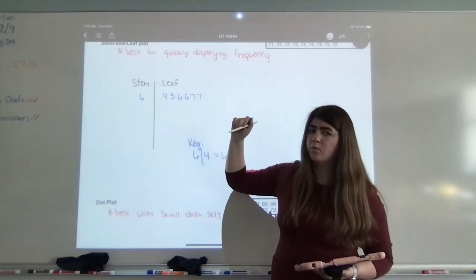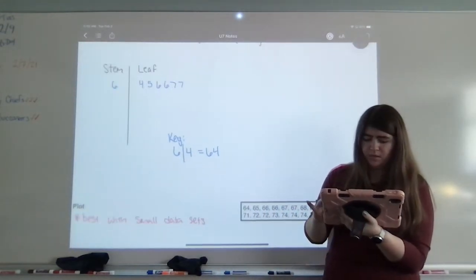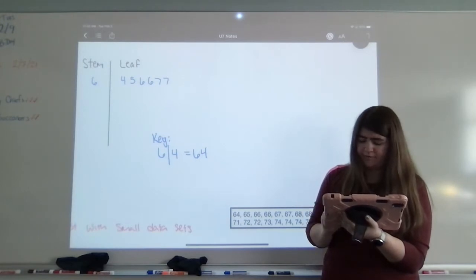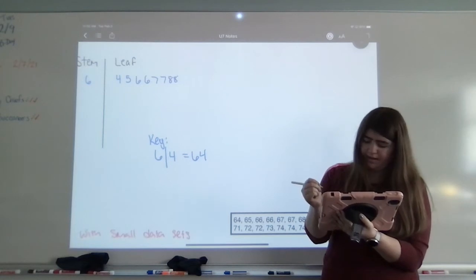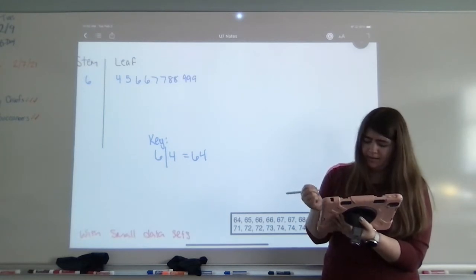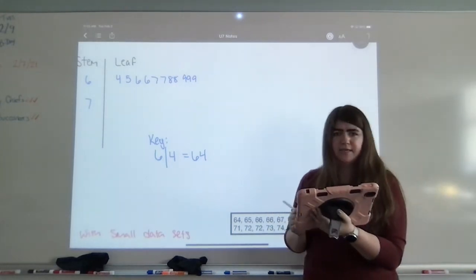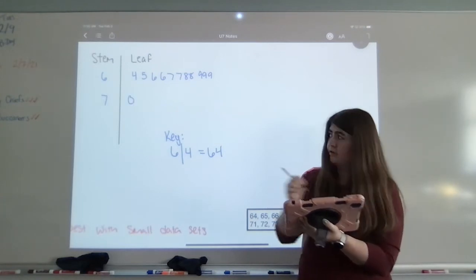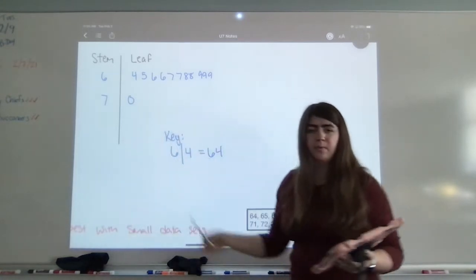You don't just put it in once, you put it in for every time that number occurs. 67 and 67 is where I left off, so I have 68, 68, I have 69, 69, 69, and then I go into the 70s, so I have a new stem, we're in 70, and I have 70, so that means there's nothing in my ones place, so a 0 is what my leaf is.